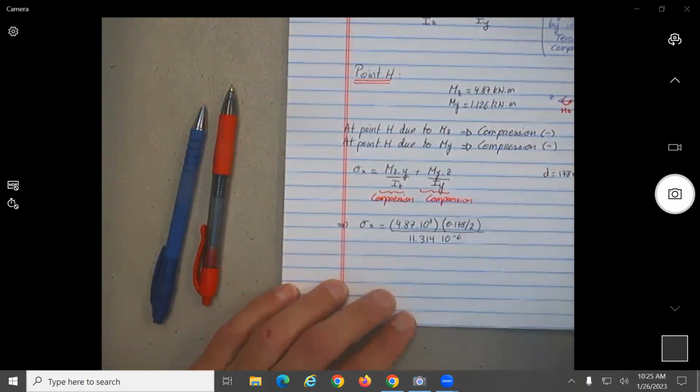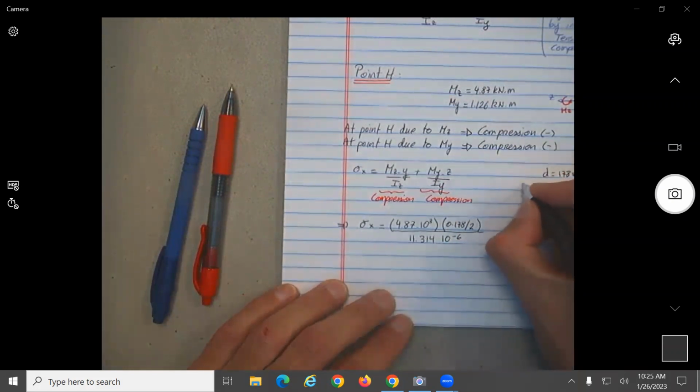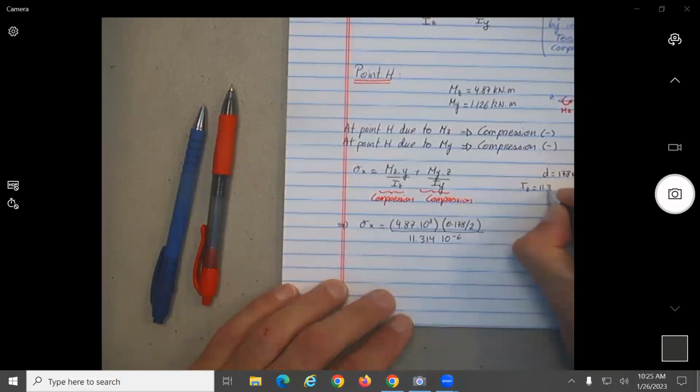And the same thing we did with this one. Here we had I sub Z equal to 11.314 times 10 to the 6 millimeters to the 4. This is equal to 11.314 times 10 to the -6 meters to the 4.